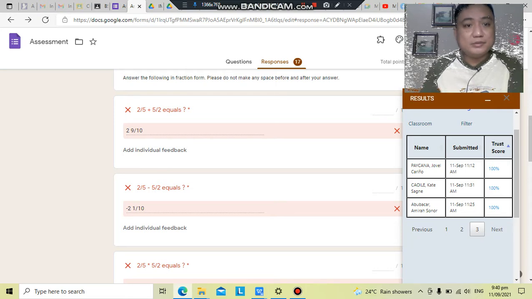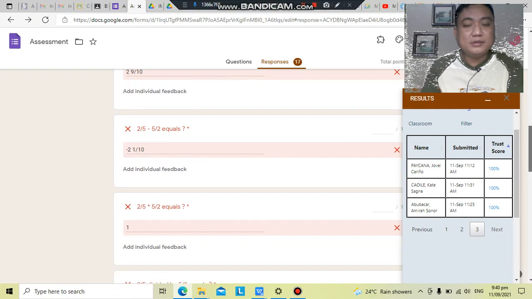So 10 divided by 5, that is 2 times 2, that is 4. So 4/10 plus 10 divided by 2, that is 5 times 5, 25. So 25 plus 4, that is 29. The mixed number of it is 2 and 9 over 10. That is the lowest term for that number.